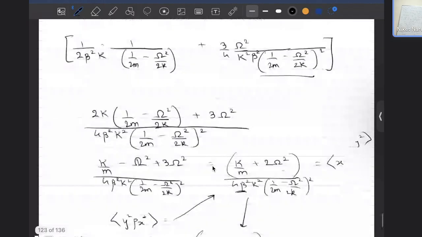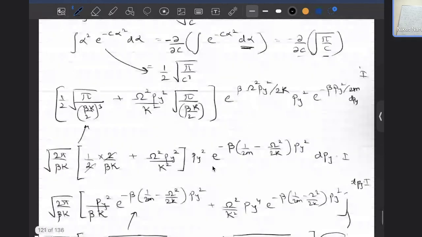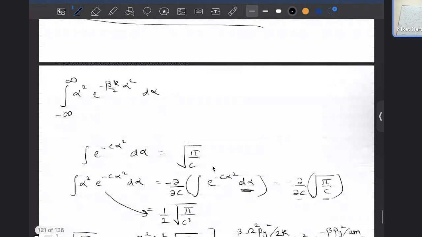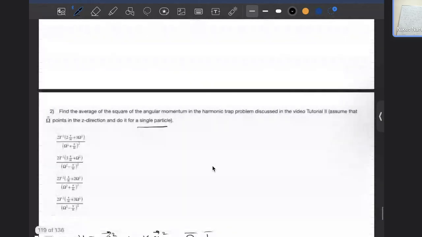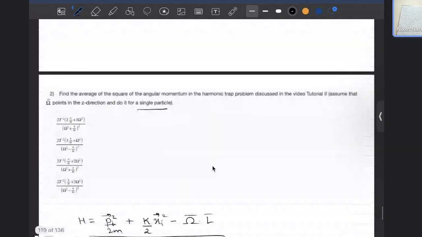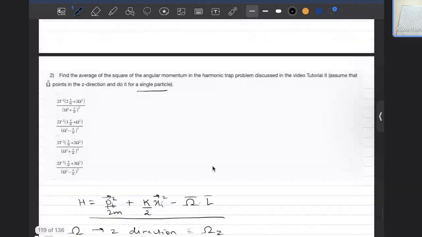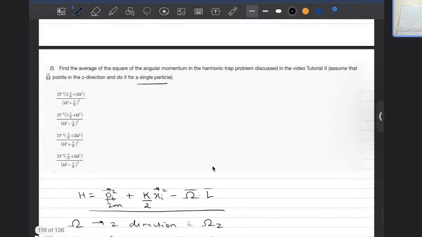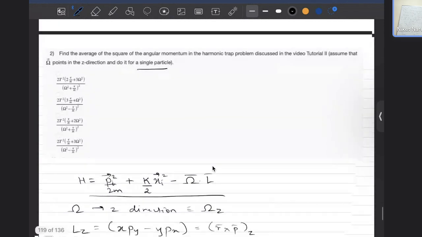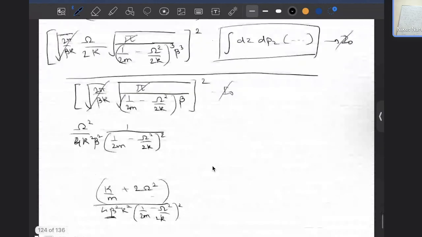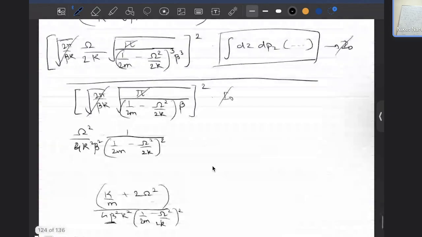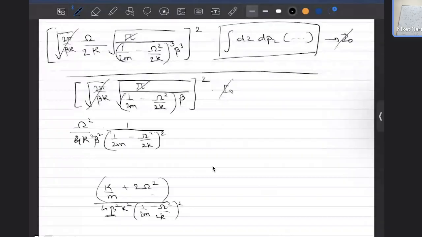I'm a little confused now. I hope I've done the calculation correctly. I think I have, but I'm having a little bit of a doubt now. I have everything else correctly placed here, just that with the omega square thing, 4 beta square kappa square.